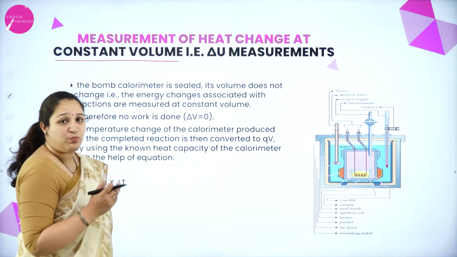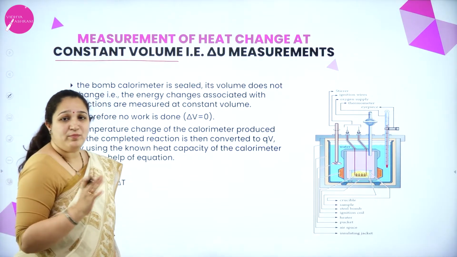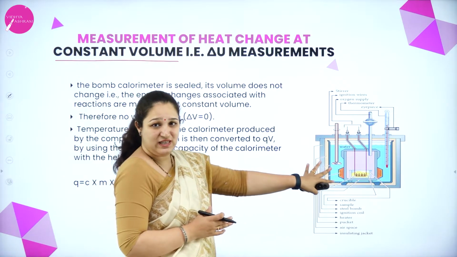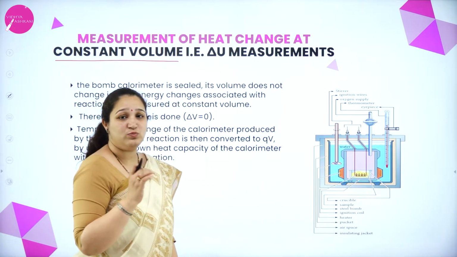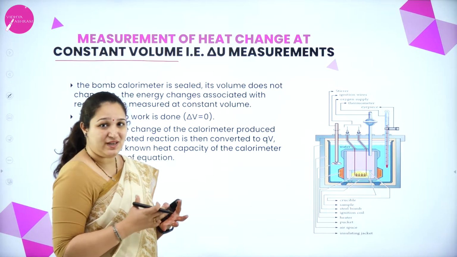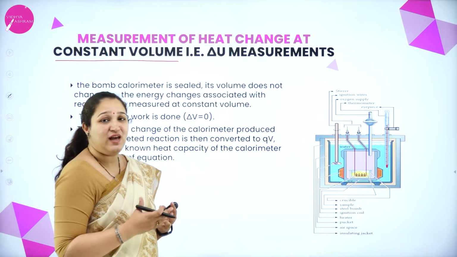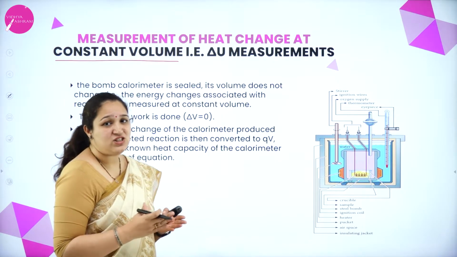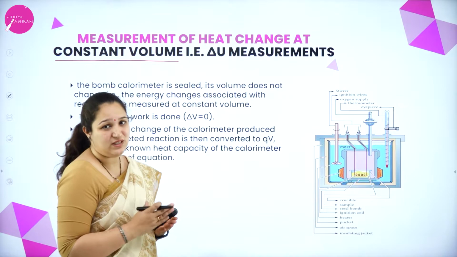Now what is this bomb calorimeter? The bomb calorimeter is completely sealed and there is no volume change, and thus whatever temperature change or heat change you are measuring here is at constant volume.